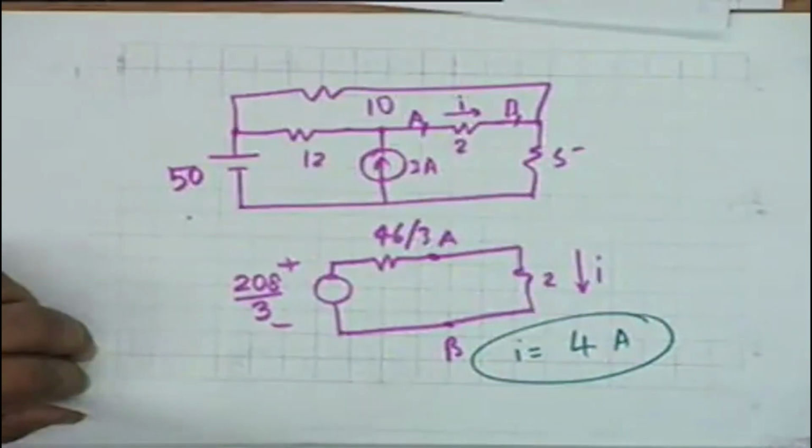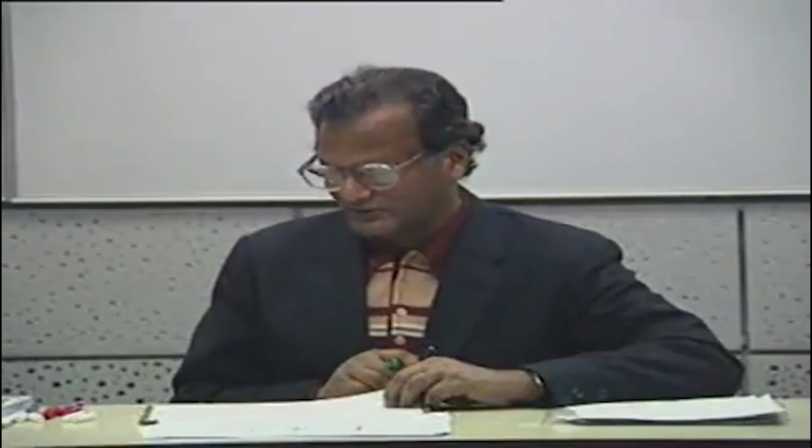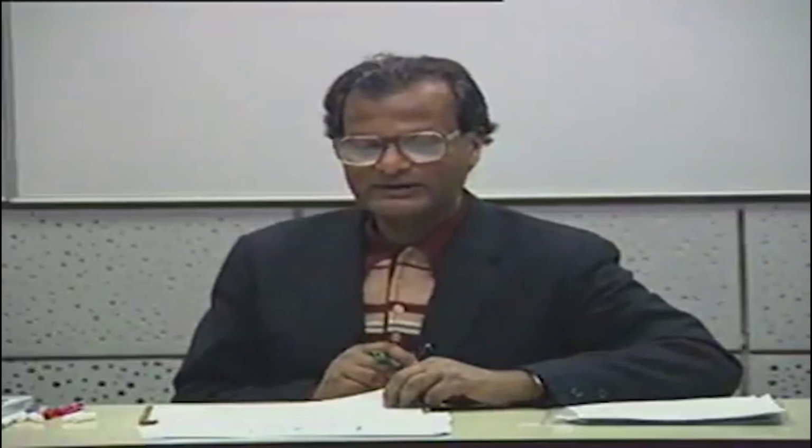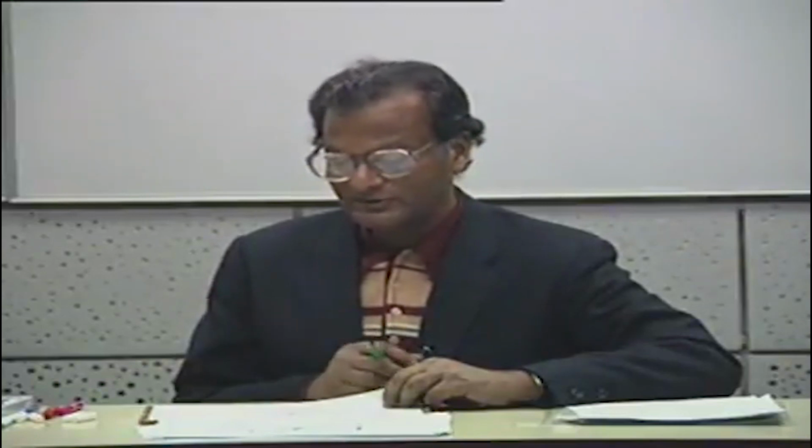This is a non-trivial application of Thevenin's theorem, and I wanted you to know that even a complicated case like this, where there is a voltage source, there is a current source, and it's a fairly complicated 1, 2, 3, 4 resistors, can be solved by simple application of Thevenin's theorem.